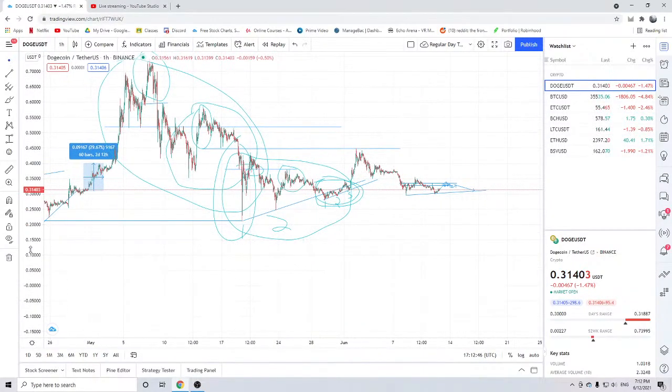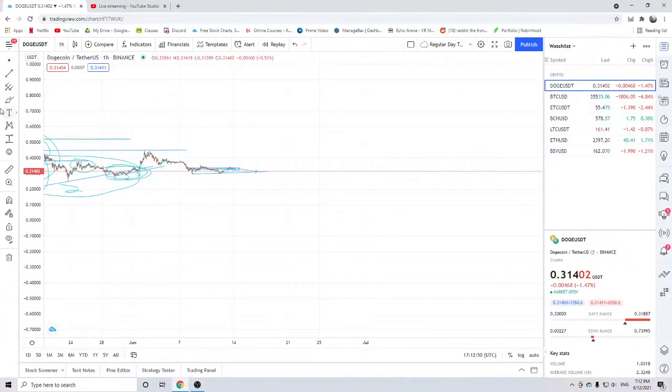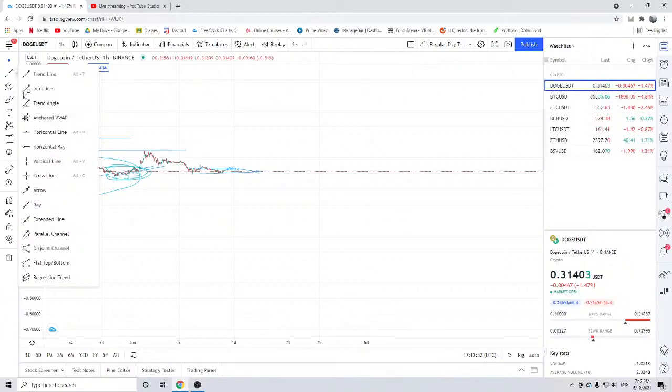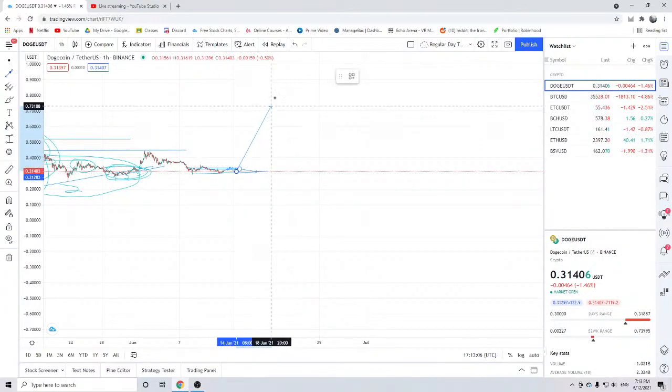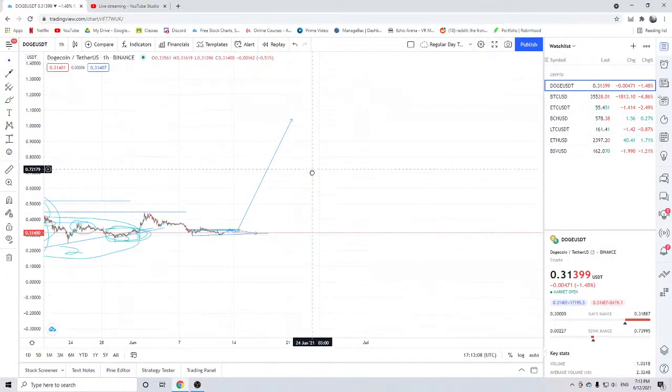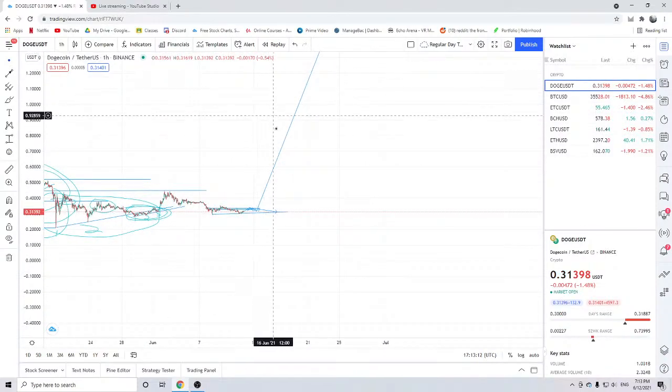So what I'm basically saying is that eventually Dogecoin will just spike up very much, because it is just redoing its trends over and over again. At one point the trends will be finished and it would go up all the way, just up a lot.